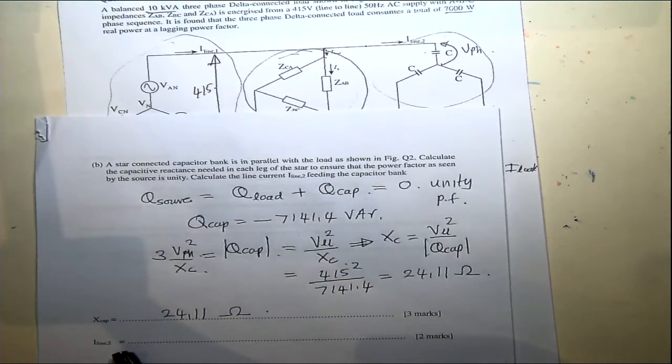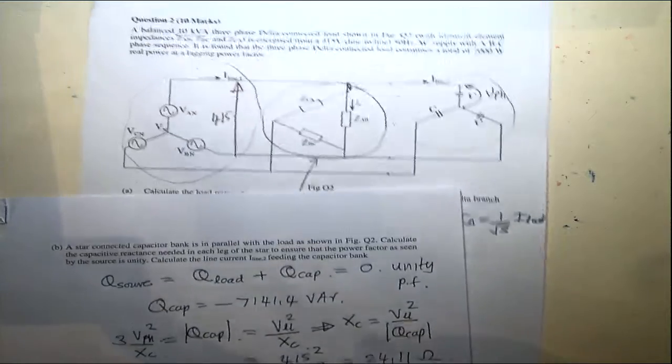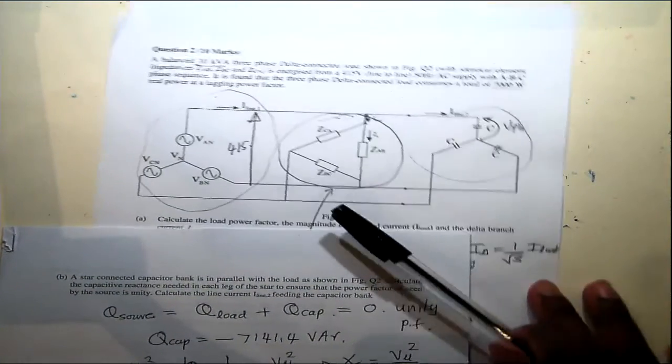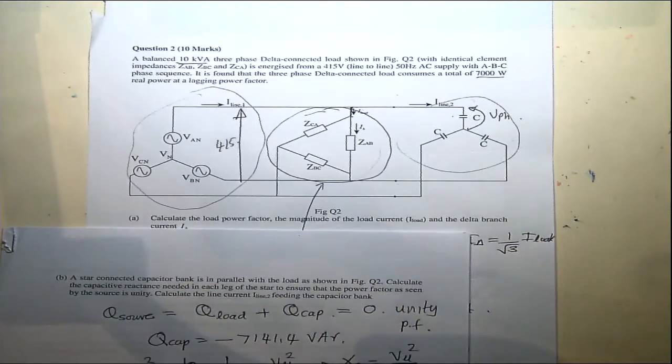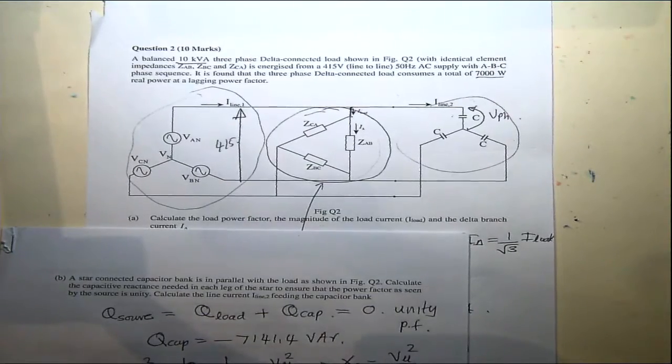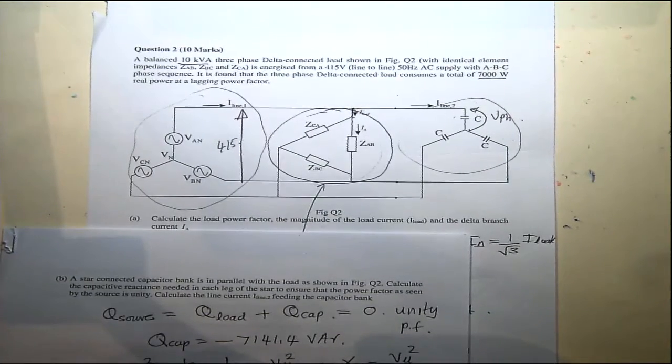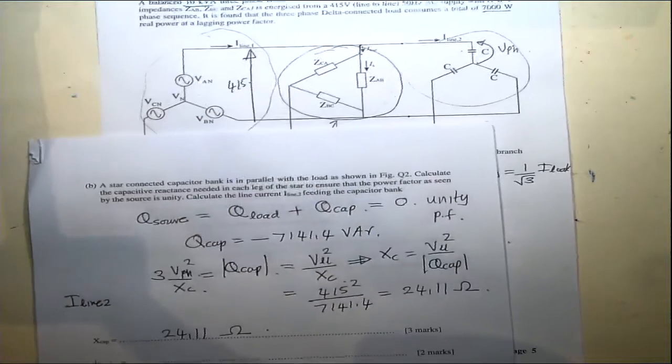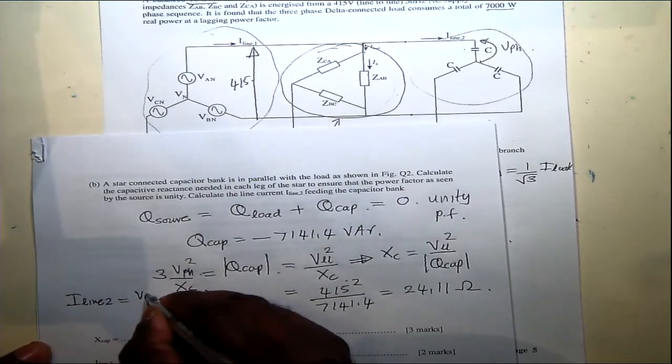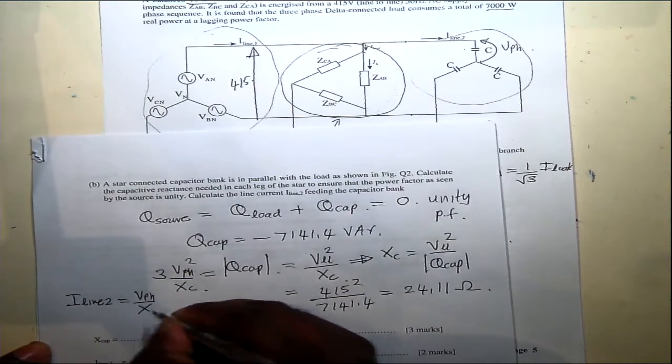So we need to find the line current. If we consider just the capacitor being fed by the per phase voltage, the second line current to the capacitor is the per phase voltage divided by XC.